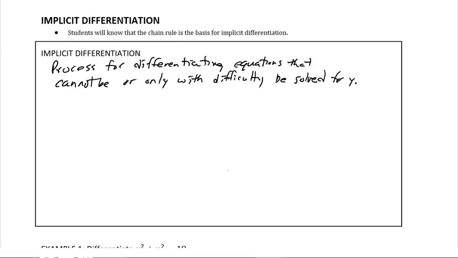And there's a little oddity here, and we have to use the chain rule. The basis for implicit differentiation is the chain rule. We are going to take the derivative with respect to x.